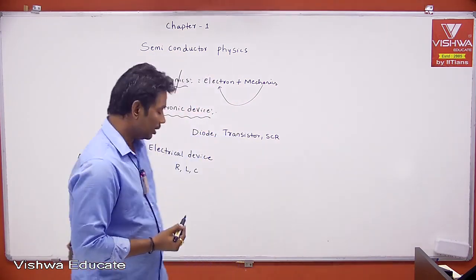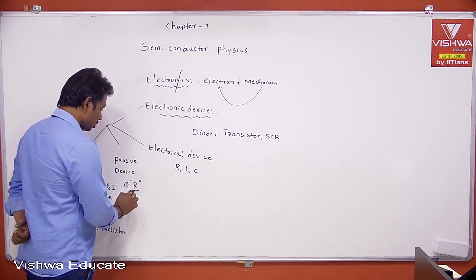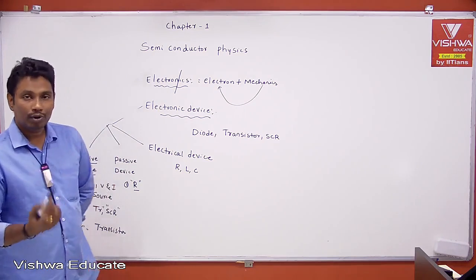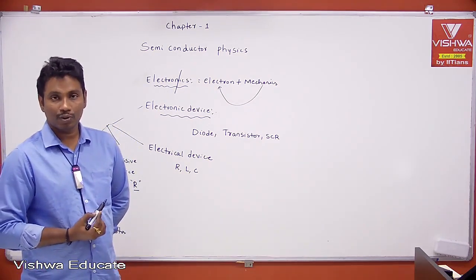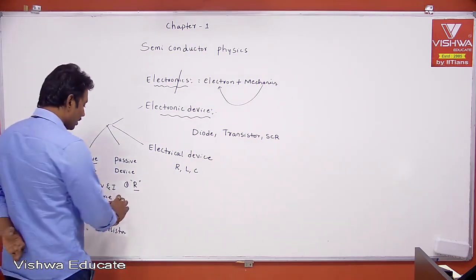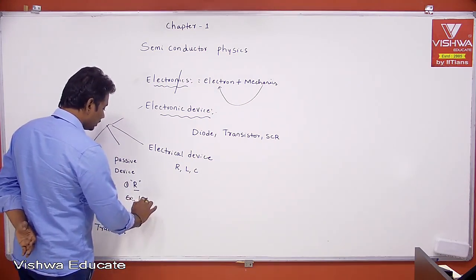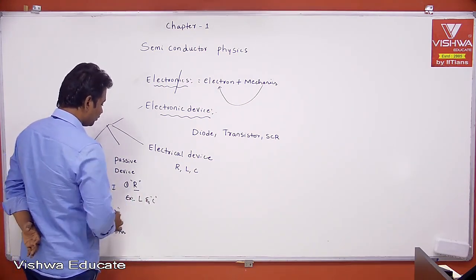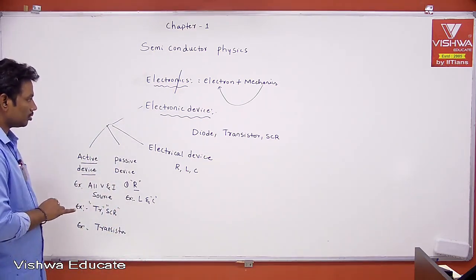Example is resistor, right? One more definition: a device which can store energy is also called a passive device. What are the examples for storing elements? The examples are inductor and capacitor, right? This is about active device and passive device.